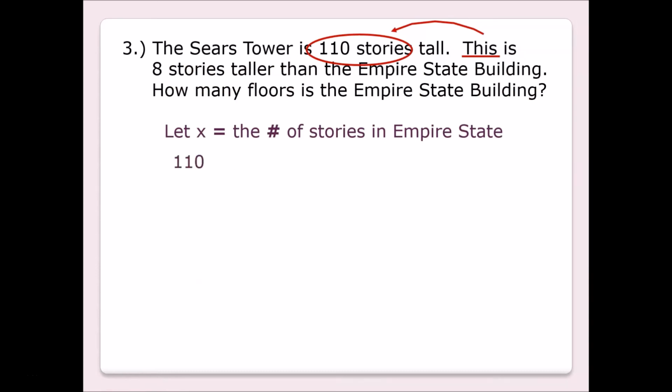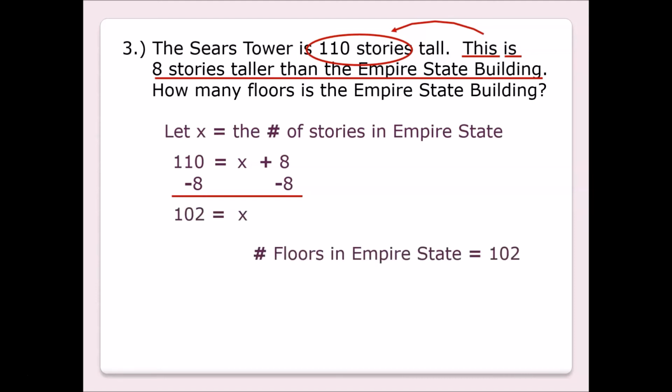So that will give us 110 is equal to x plus 8. And then to get the value of x, we subtract both sides by 8. And so our x is equal to 102. So there are 102 floors in the Empire State. Isn't it amazing and very tall?